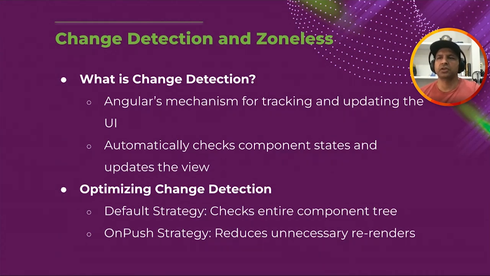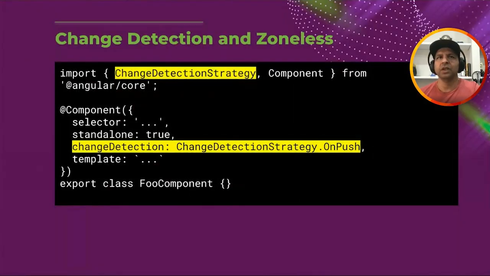So just focusing on checking one branch of the nodes instead of the entire component tree, right? To implement OnPush change detection, all you need to do is modify your component and set the change detection property to OnPush.